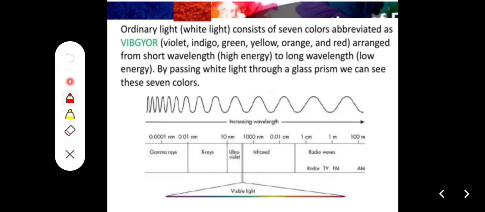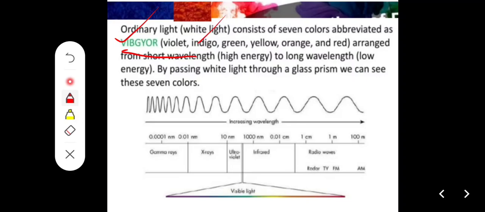Now we know ordinary light, that is white light, consists of 7 colors. As we know, VIBGYOR: V for violet, I for indigo, B for blue, green, yellow, orange and red.